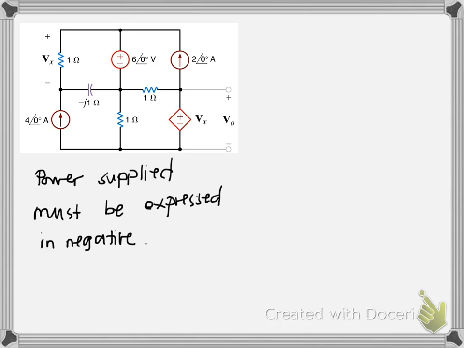That would be our orientation or sign convention of a power being supplied. So my point is, if you solve for the power of that element, you have to express that in negative P. Okay? So let's begin with the solution.